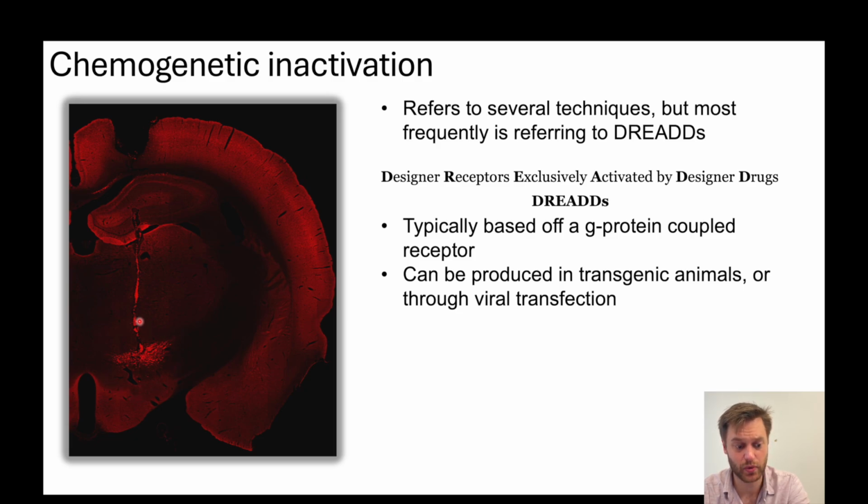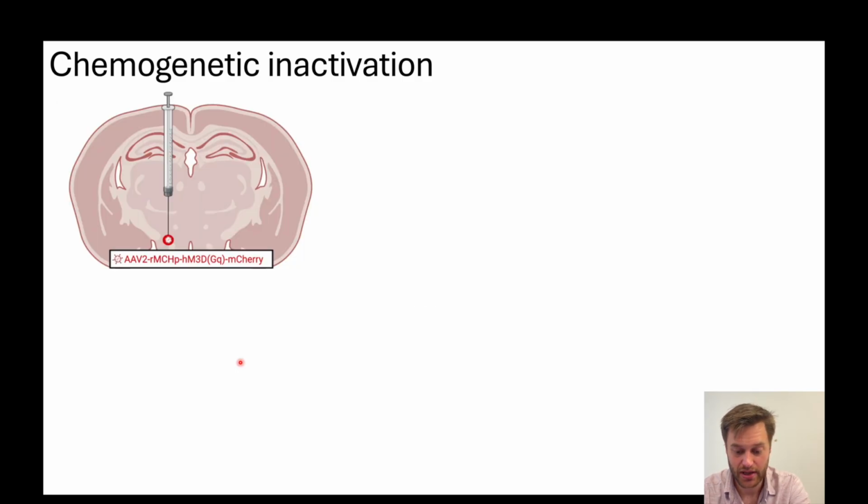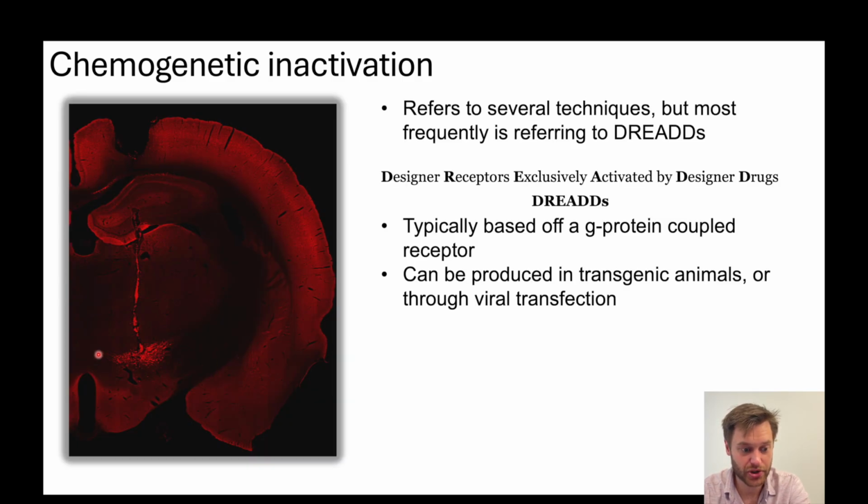This is what's called mCherry, and this is how we see where the DREAD expressed, okay? So when we put it under a microscope, we can shoot a particular wavelength of light that reacts with this red fluorescing protein. And that's how we can say, okay, these neurons got the DREAD.